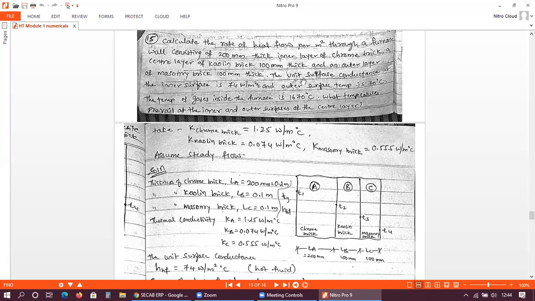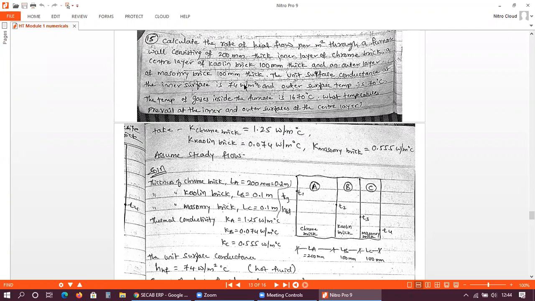Now the unit surface conductance at the inner surface is 74 watt per meter square degree Celsius. This unit surface conductance is nothing but the convective mode of heat transfer. So always remember, for the convection mode of heat transfer, the unit of the convective heat transfer coefficient H is watt per meter square degree Celsius.